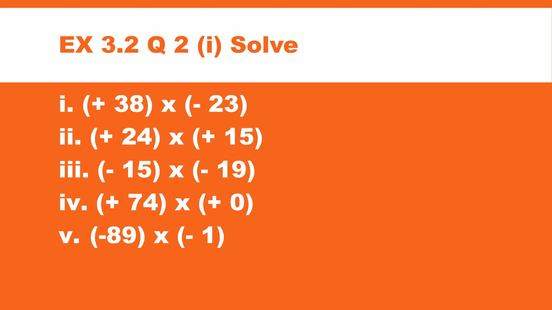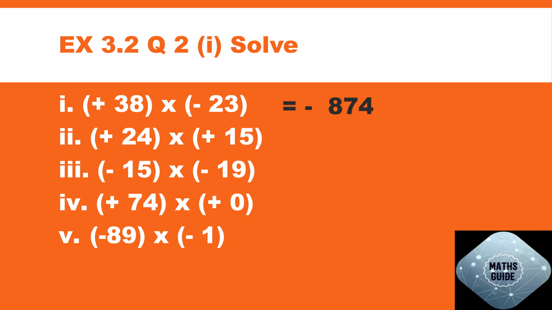This is exercise 3.3, question number 2. Here we have to keep two things in our mind: that we must have a solid grasp on multiplication of numbers, and secondly, that when we have like integers, the answer or the product is always positive, and when we have unlike integers, the answer or the product is always negative. In the first question, we have unlike integers, so our answer will be negative 874.